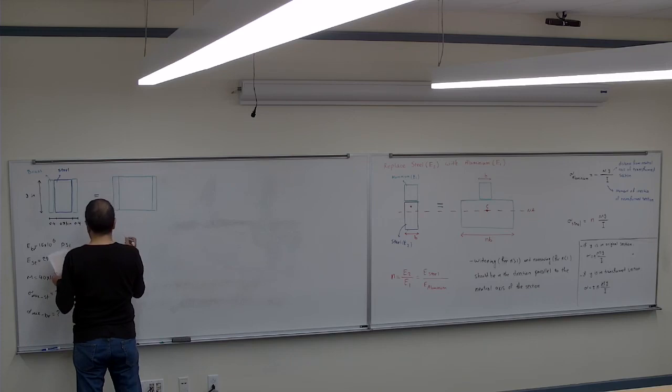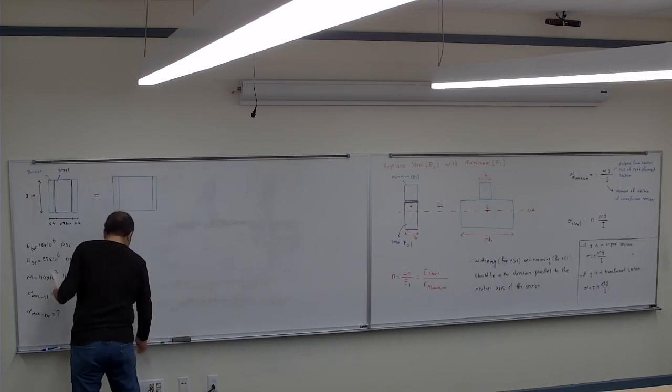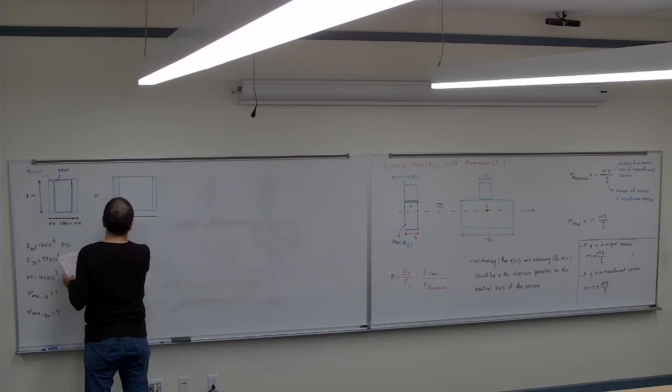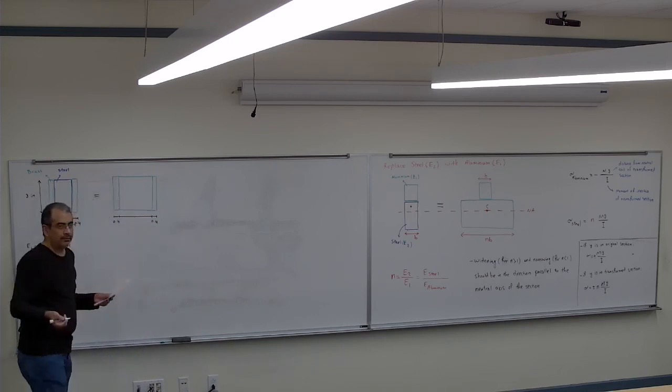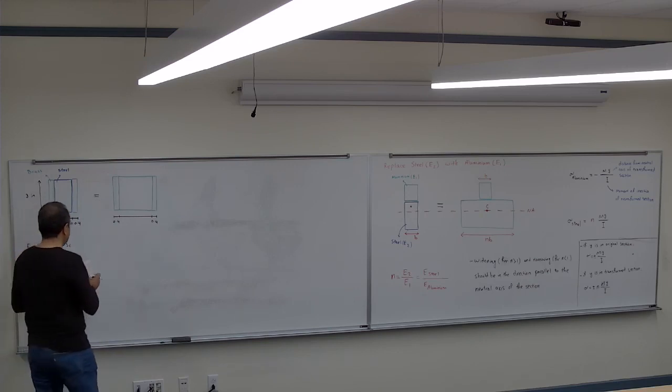So it's going to look something like that. So I know that this part is 0.4, it's 0.4. How much is going to be the center part? It's going to be n times the width, correct? So I need to calculate the n.